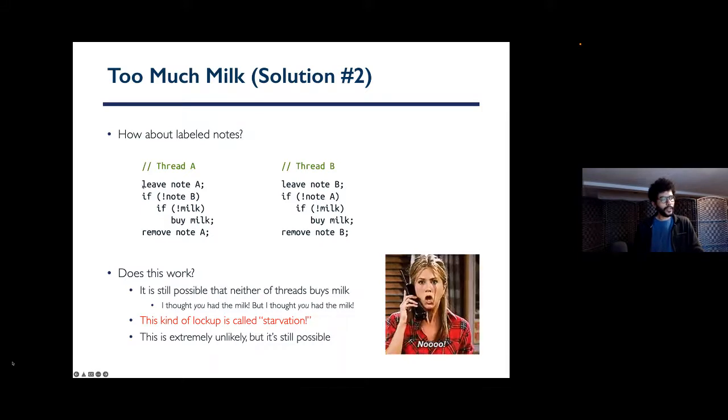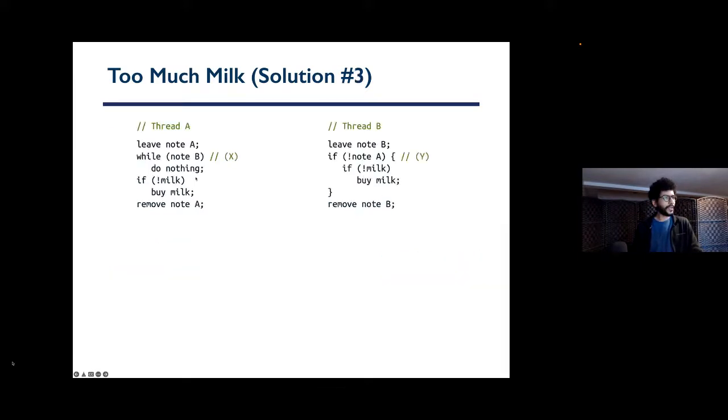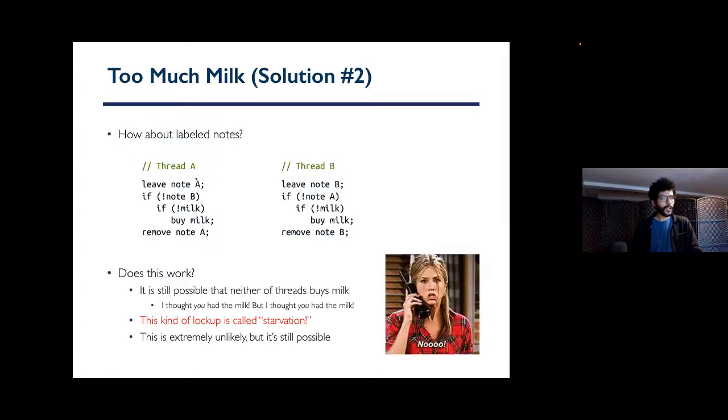And that is, you execute the first one in thread A. I think I actually have a slide. Do I? No. OK, so you leave note A. Before you check for note B, you context switch to thread B. Thread B leaves its note and checks for your note. It's there. So it's not going to go and buy milk.